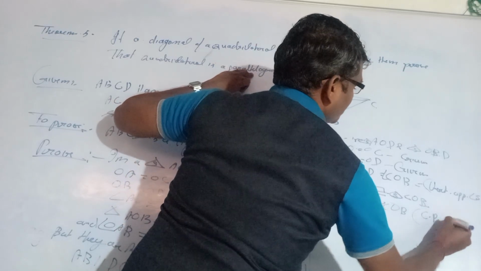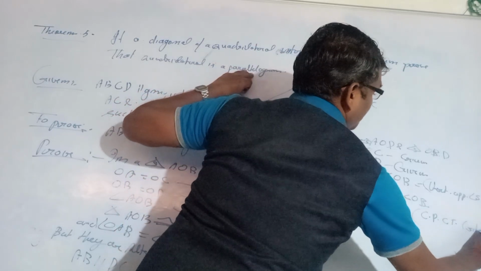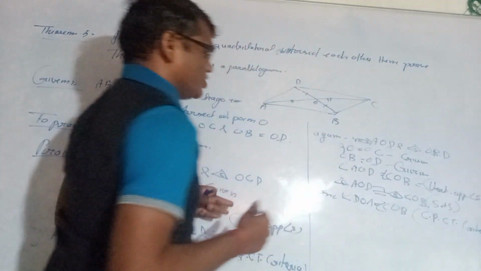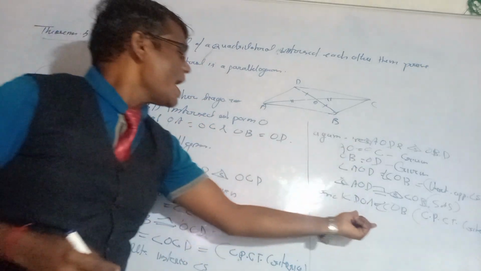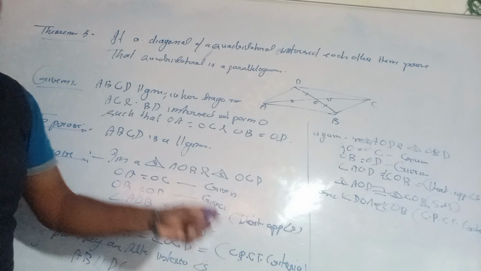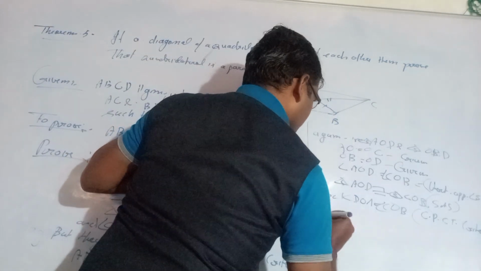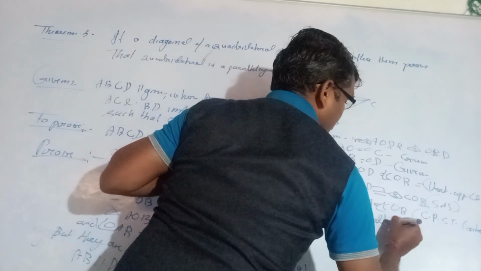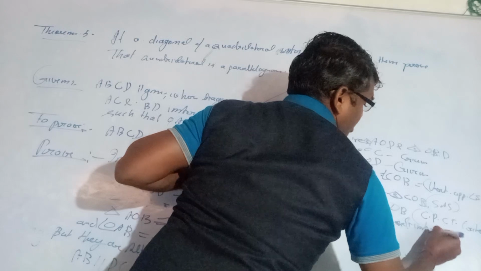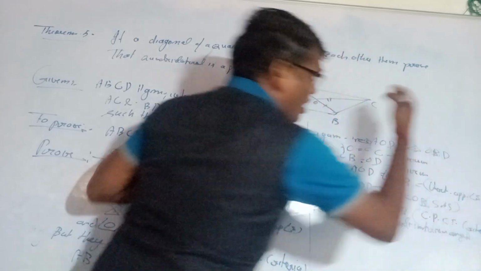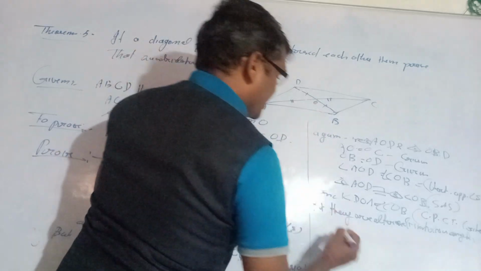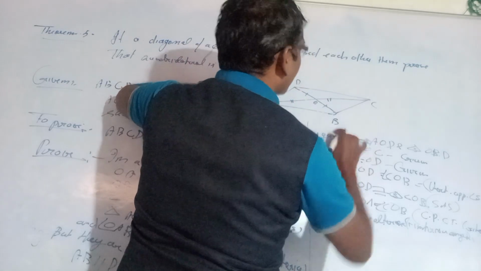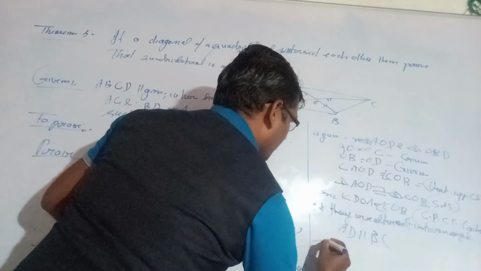Because of CPCT, and this is the side-angle-side criteria. The triangles are congruent and by CPCT the corresponding angles are equal, and they are alternate interior angles. That is why we can say that AD is parallel to BC.